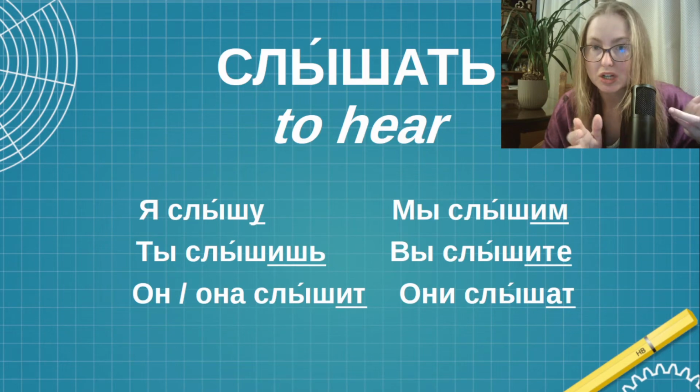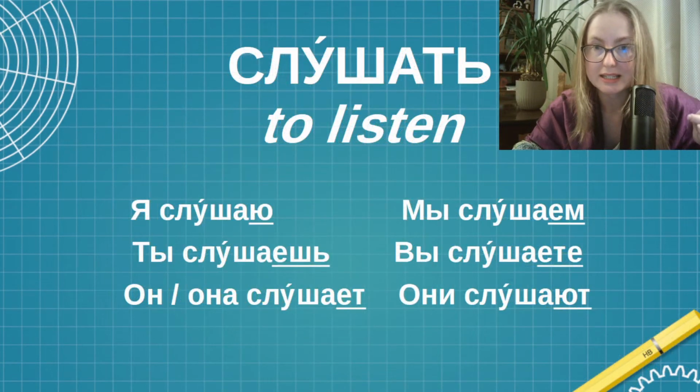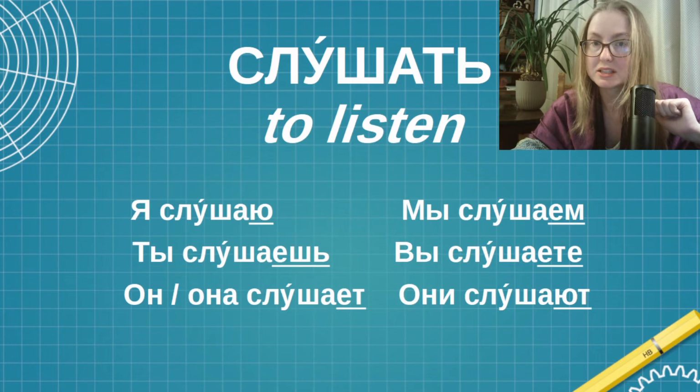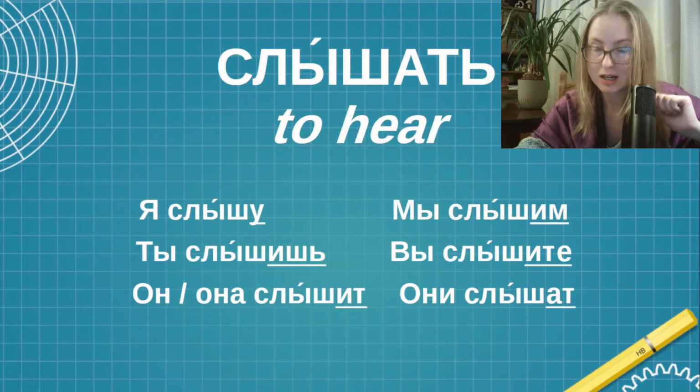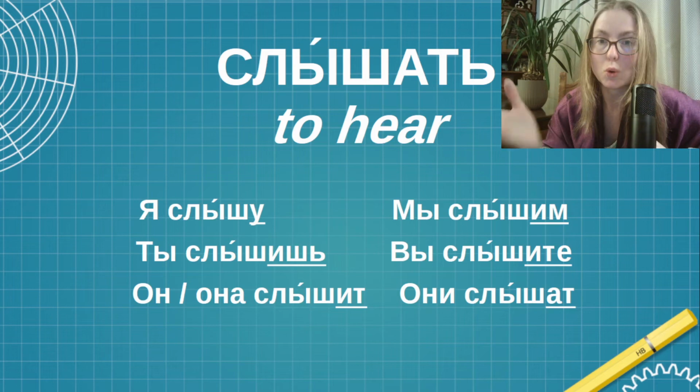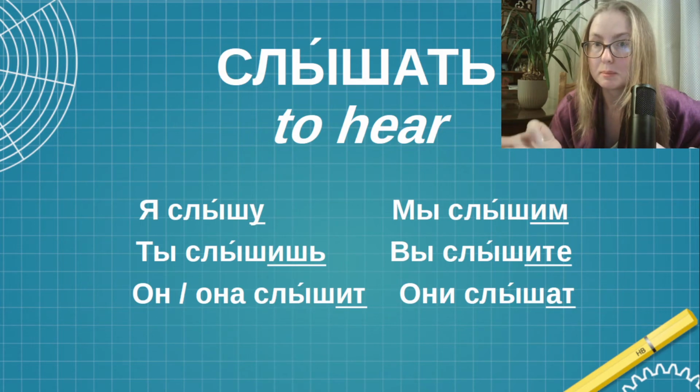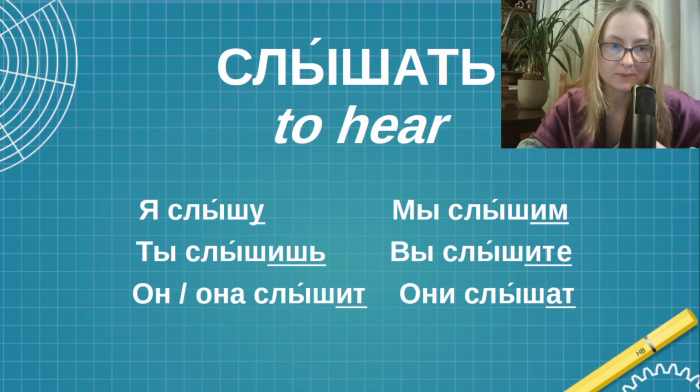So, слушать in the past tense will be он слушал, она слушала, and plural will be слушали, like мы слушали, вы слушали, and они слушали. And слышать, to hear, in the past tense will be он слышал, he heard, она слышала, she heard, and all plural forms like мы, вы, они слышали. So I think that it's not difficult.